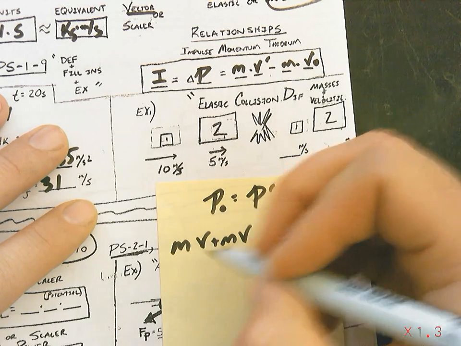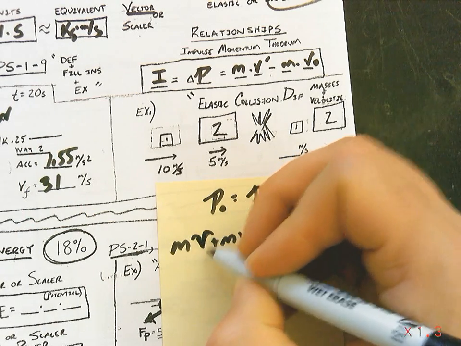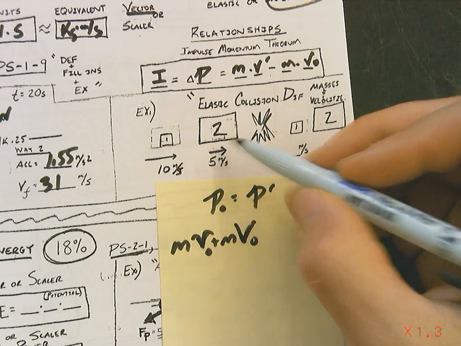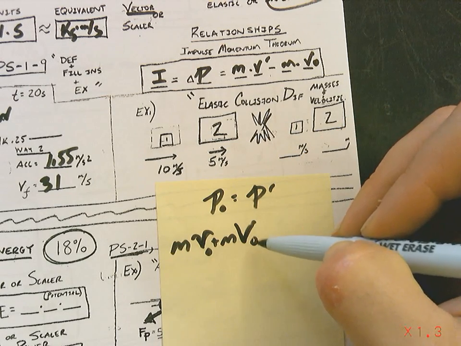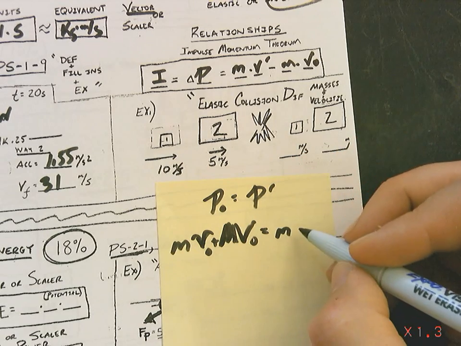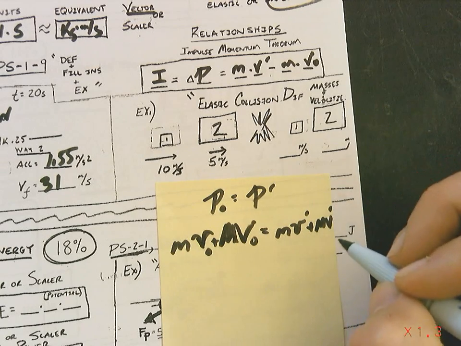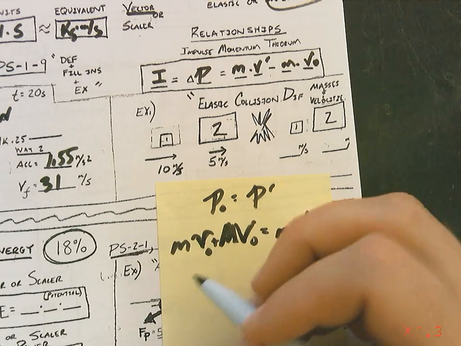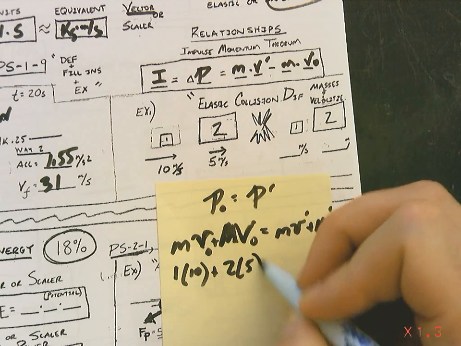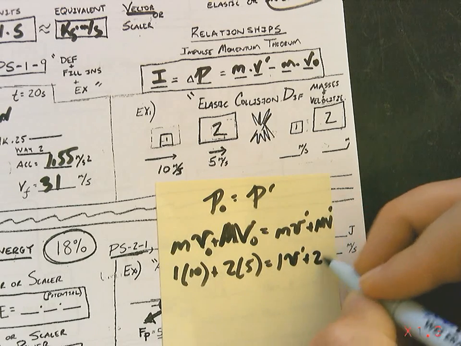We can call one of them little v, one of them big V. Two objects, the bigger mass I'm making capital M, equals little v prime plus big V prime. So we put in our masses, 1 and 10 plus 2 and 5. That's going to be equal to 1 times little v prime plus 2 times big V prime.